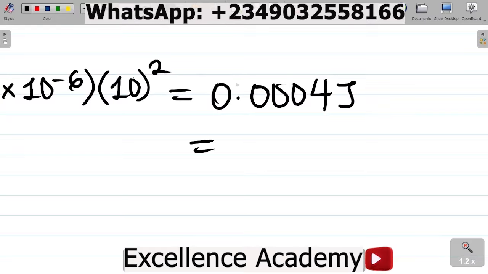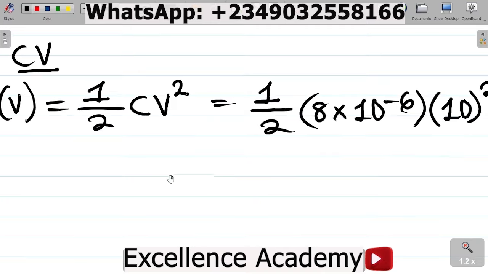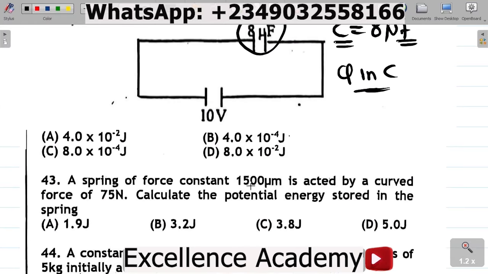From here, I need to move the decimal 4 times, so it becomes 4 times 10 to the power minus 4 joules. So let's see if we have this option. 4 times 10 to the power minus 4. Yes, we do. That is option B, this one here.